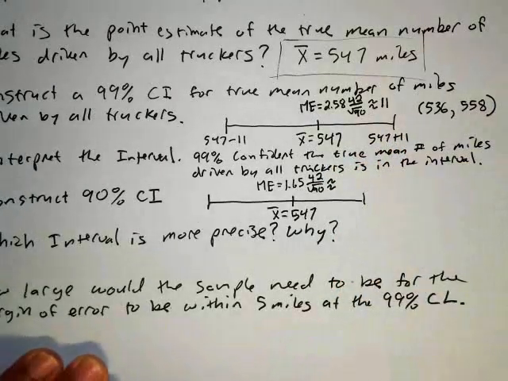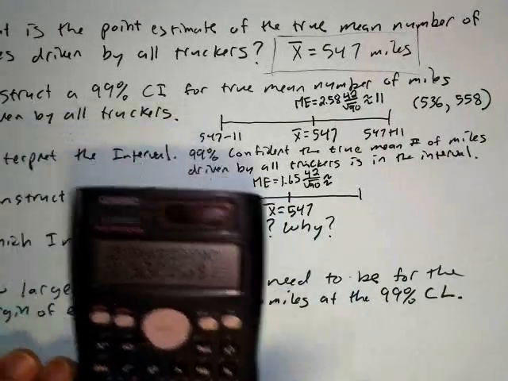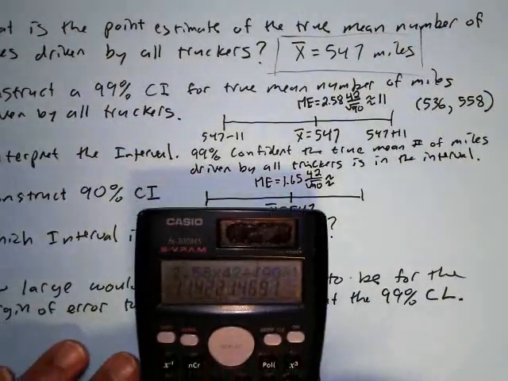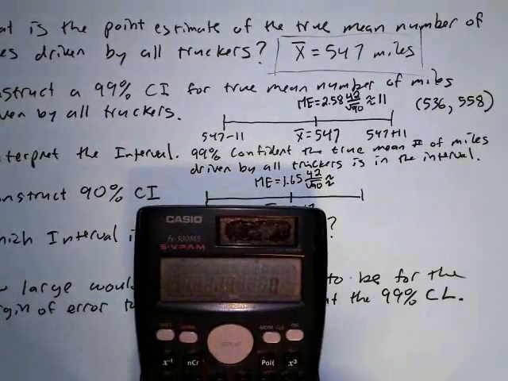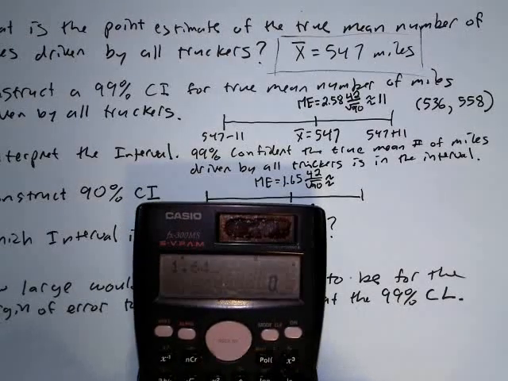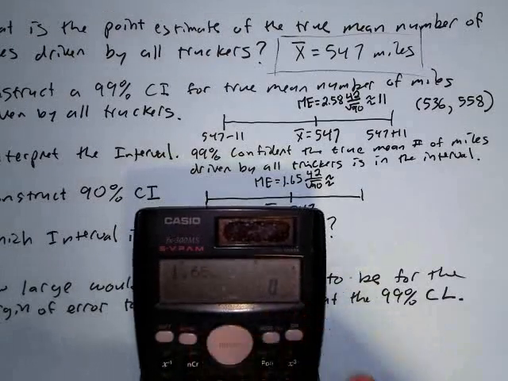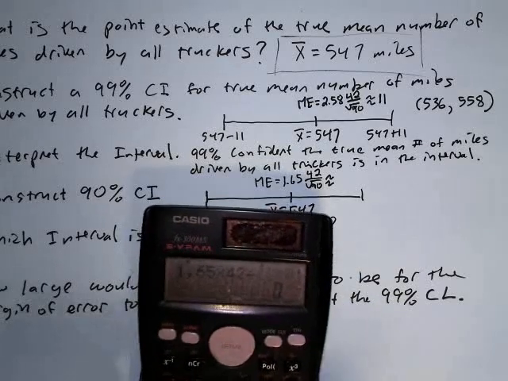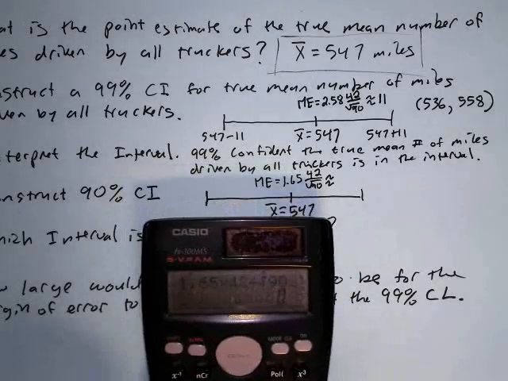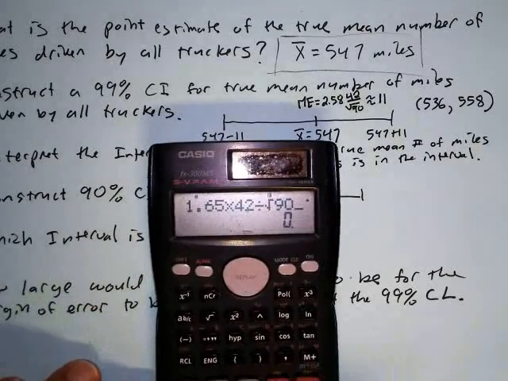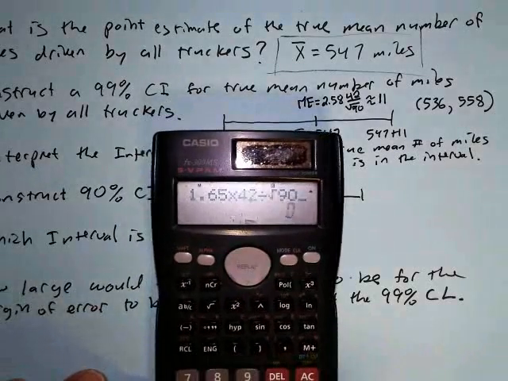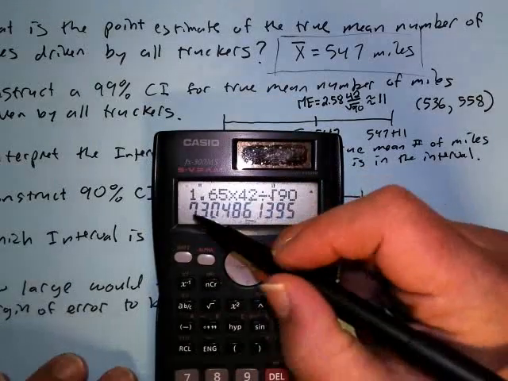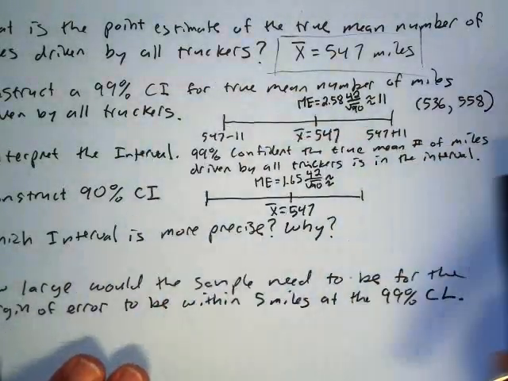Putting this in my calculator, I get 1.65 times 42 divided by the square root of 90. Just like that. And I'm going to round to the nearest mile again. I get 7.